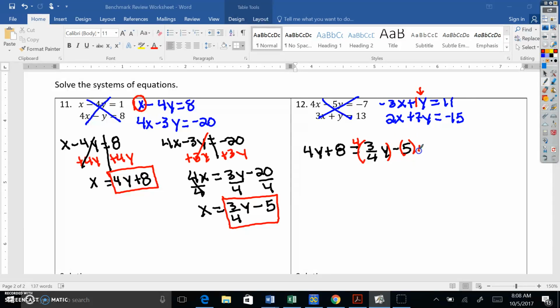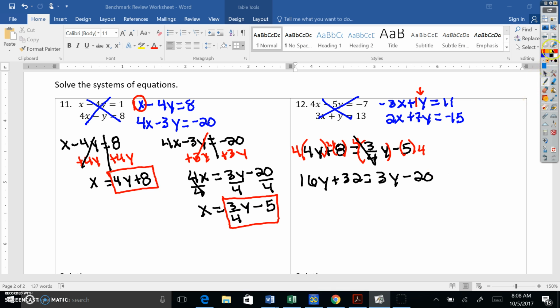But that means everything is going to get multiplied by 4 in order to preserve equality. On the left side, that's going to give us a 16y. 4 times 8 is 32. 4 divided by 4 cancels, so I have 3y. And 5 times 4 is 20, so that's minus 20.